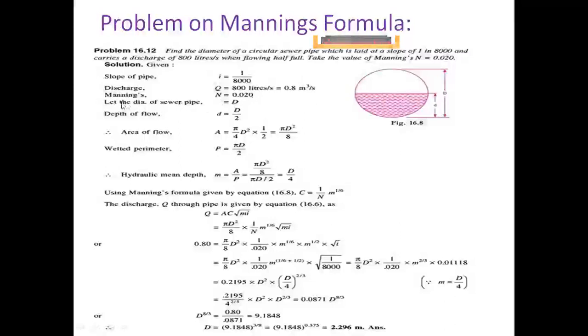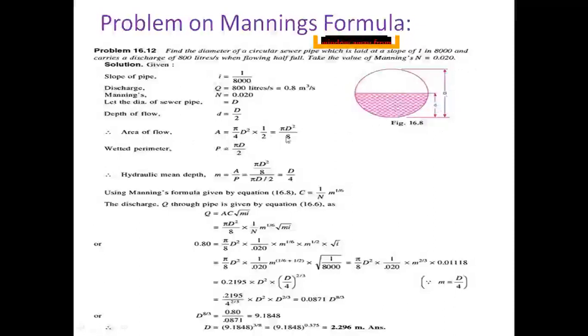You need to find the diameter of the sewer pipe, capital D. The depth of the flow, at how much depth the water is going to flow, is small d, which is equal to half of capital D, that is D by 2.